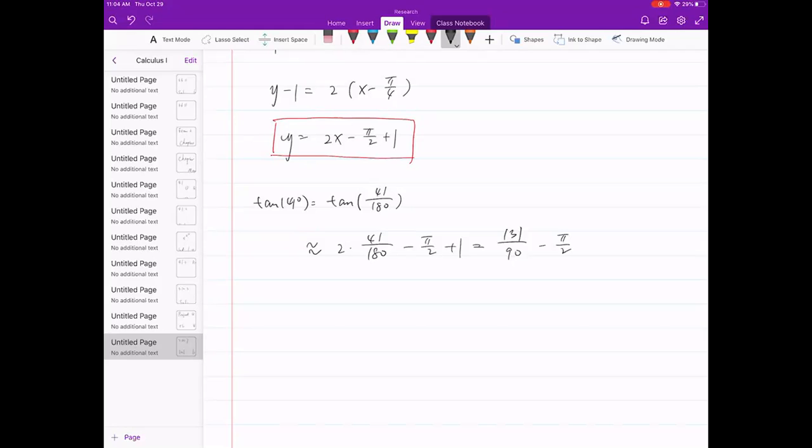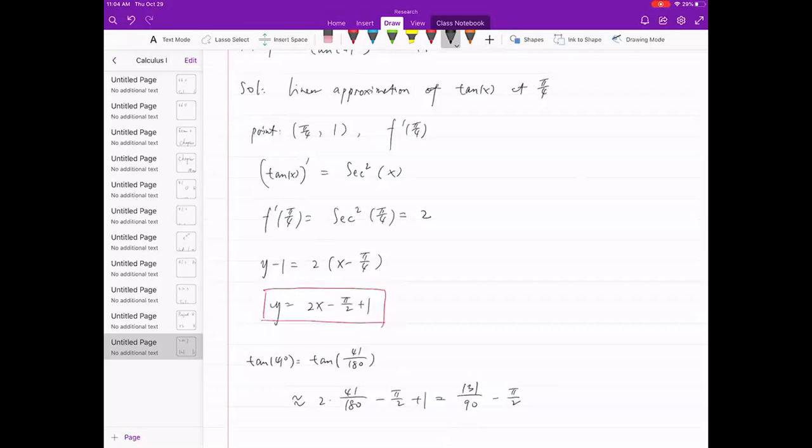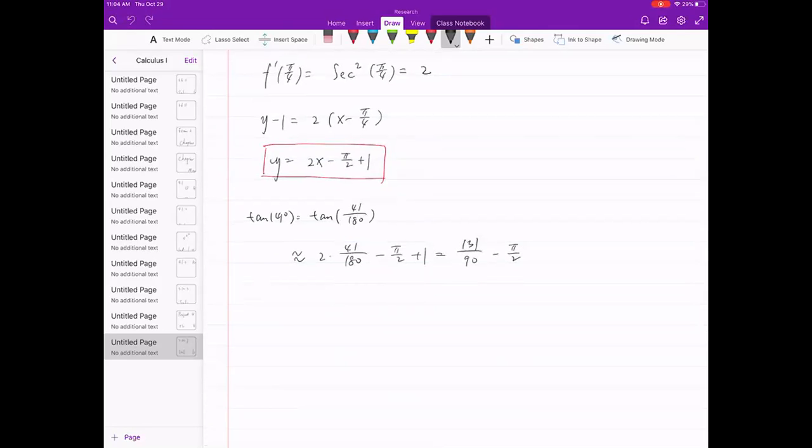Am I not right? Did I do the right thing? I did tangent, secant square, cosine square, 1/2, 2. So far, so good. Y minus 1 equals 2 times x minus pi over 4. 2x plus 1, no problem. 41. Oh, here's a pi.